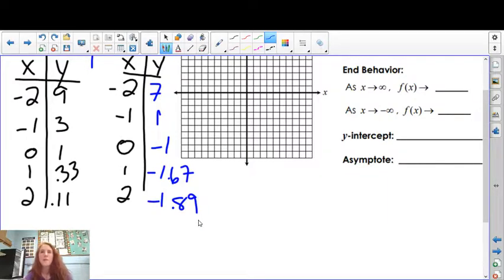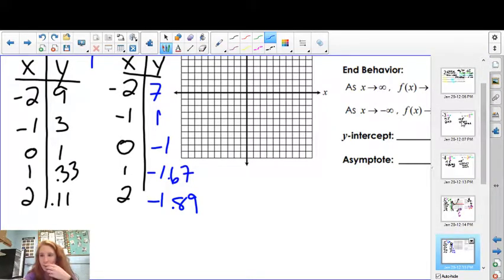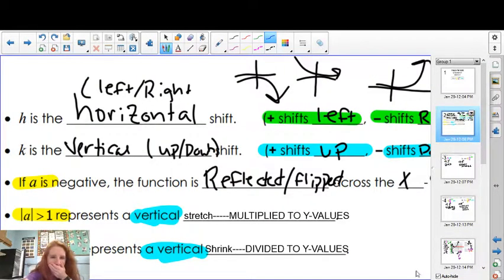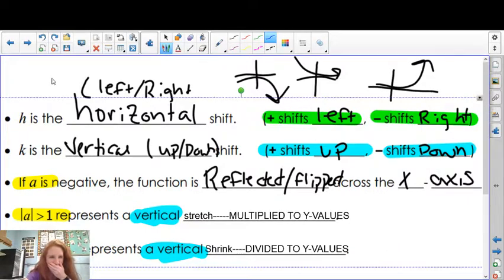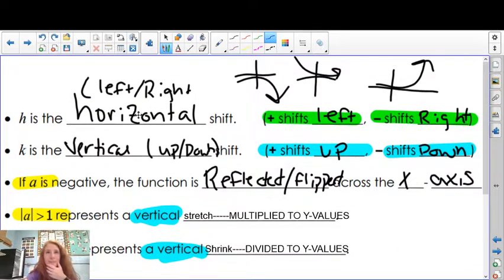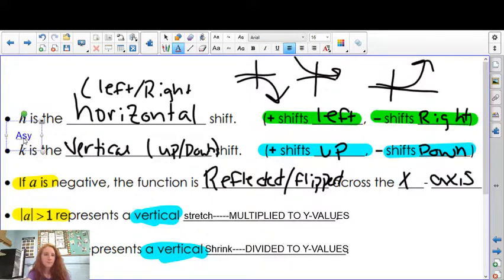Now, there's a point I want to make, and I might actually go back to the beginning and put it there. I don't have enough room, so I might type it then. My asymptote follows my k value.